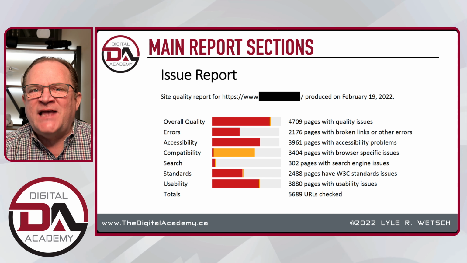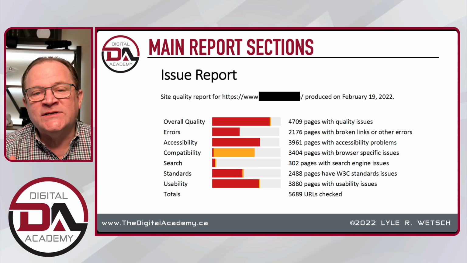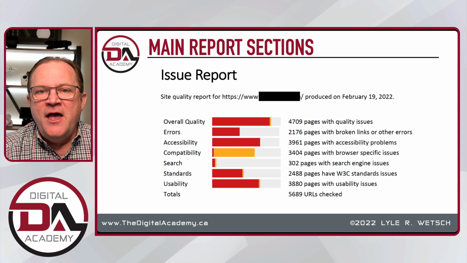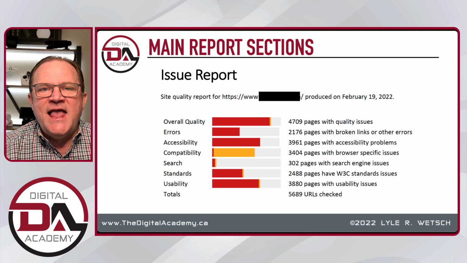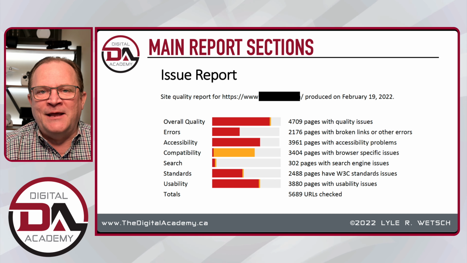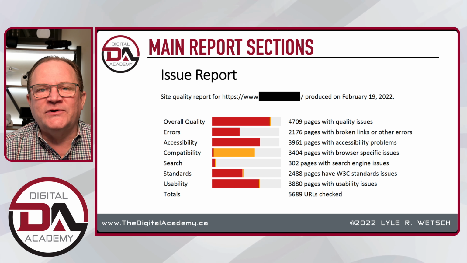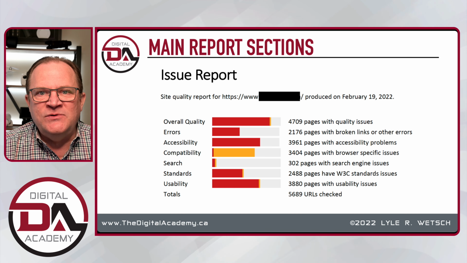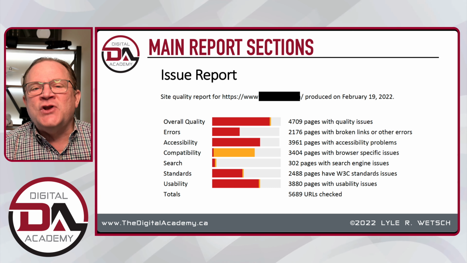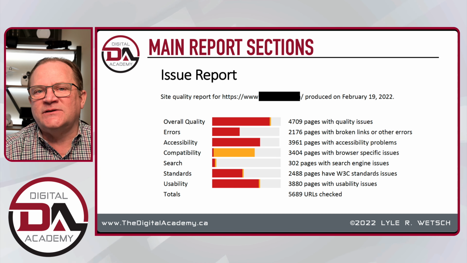Now, for example, if we take a look, we see that in the compatibility section, there's an awful lot of compatibility issues that are in yellow. Because let's face it, if your website is not going to perform well on a BlackBerry version 2, but not a single person visiting your website in the last 2 years has used a BlackBerry with version 2, then it's not really a problem because it's not aligned with your visitors.